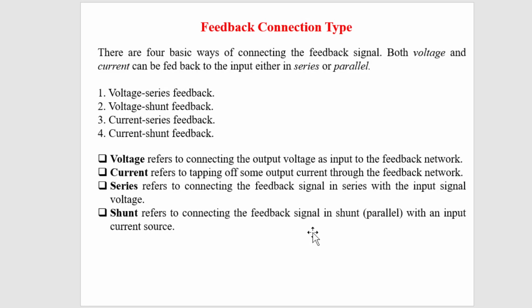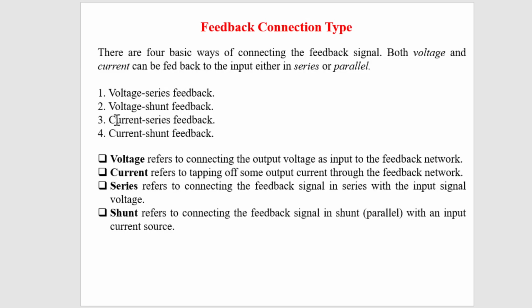source. This means if it is voltage series, the output is a voltage and the input is a voltage, and both are connected in series combination, that is plus minus combination, in the feedback. Voltage shunt means we take the output as a voltage, and this output voltage is fed back in parallel to the current source.